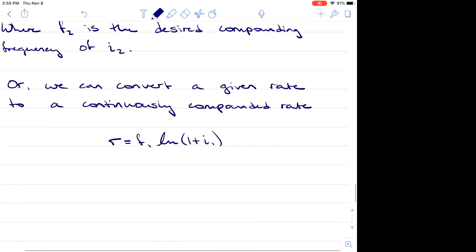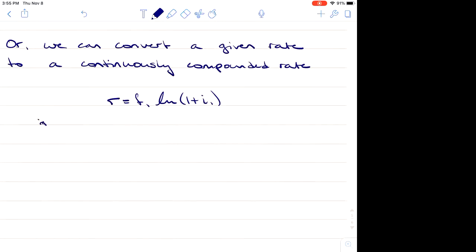In the textbook, it just says R is F times the log of 1 plus I. I don't like that one as much, right? But they're the same.